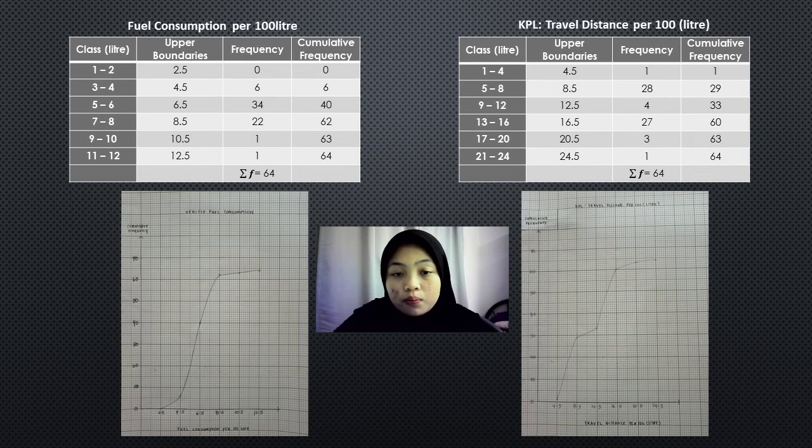The ogive graph below shows vehicle fuel consumption with distance traveled in km per liter, and it can be seen that the fuel consumption with the highest travel distance is at 24.5 with the cumulative frequency being at 64 per liter. Meanwhile, the lowest amount of vehicle fuel consumption with distance travel is 4.5 with a cumulative frequency of only 1.